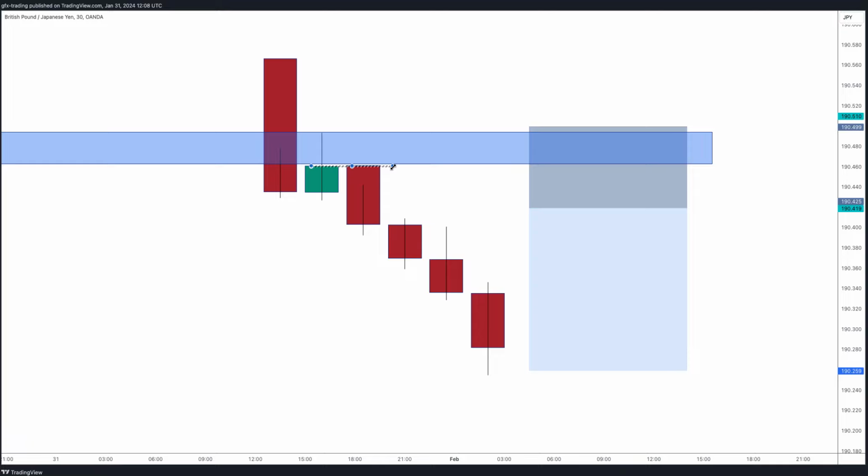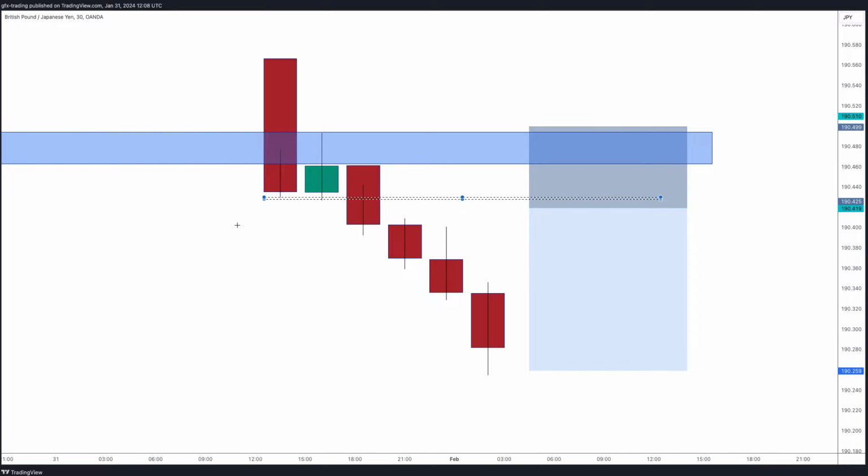But what I want to pay more attention to is the lower wick on the 4-hour candle here, because what tends to happen is once we've got this move up, we may get a little wick here. We're marking off these lower wicks, because this is basically the wick of the previous 4-hour candle.